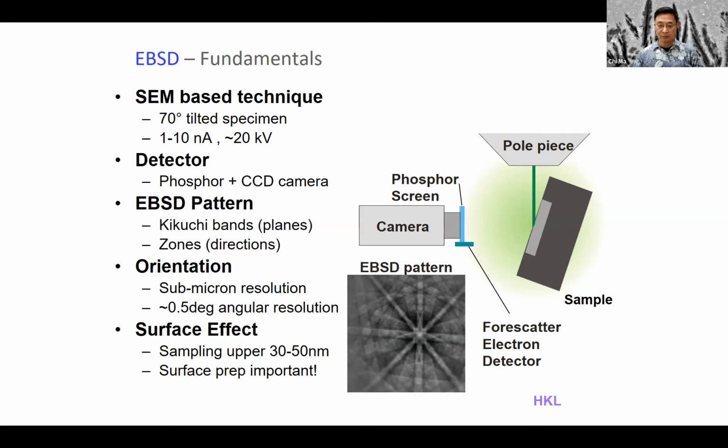It's pretty mature now. The sample is highly tilted. The electron beam strikes the sample, the electrons diffract and are captured by this detector to display an EBSD pattern. EBSD is mainly used for crystal orientation mapping and for phase identification.